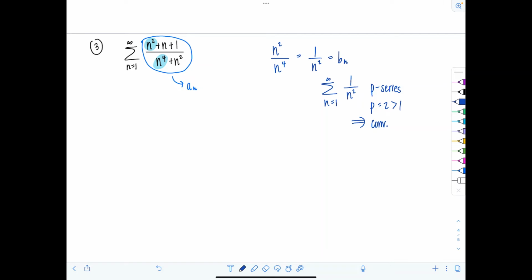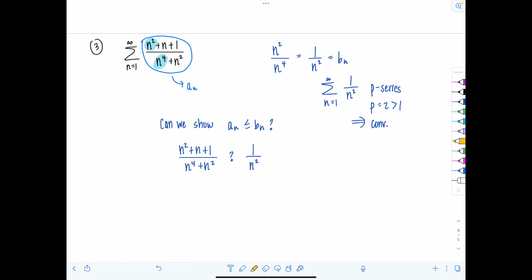All right, if I want to use direct comparison, the original comparison test, I want to show that my terms an are less than or equal to Bn. Can I show that n squared plus n plus 1 over n to the 4th plus n squared is less than or equal to 1 over n squared?